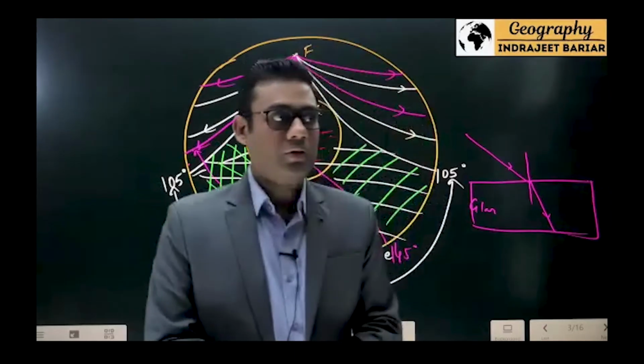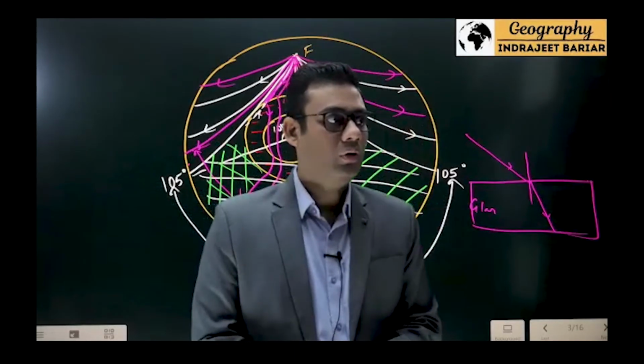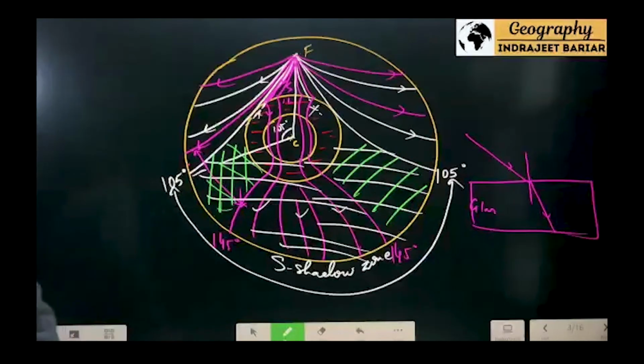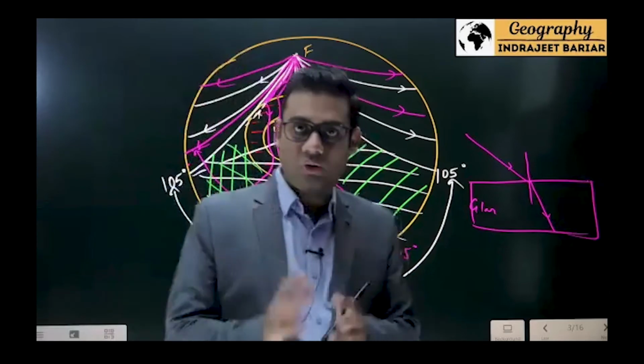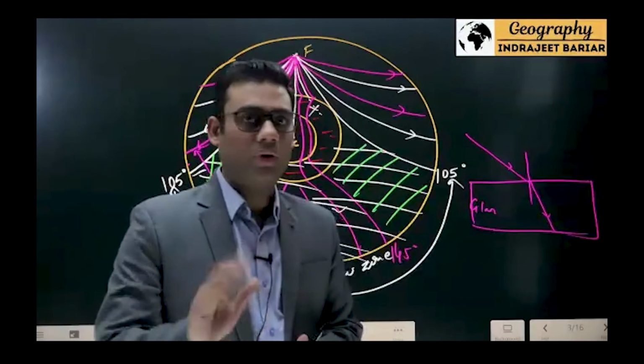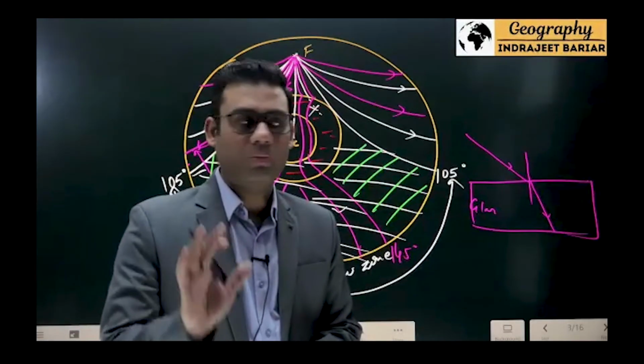Now, after this, absolute shadow zone. Akash, you have not understood the absolute shadow zone? See, sir. Absolute shadow zone means a zone where none of the waves are going to be received.